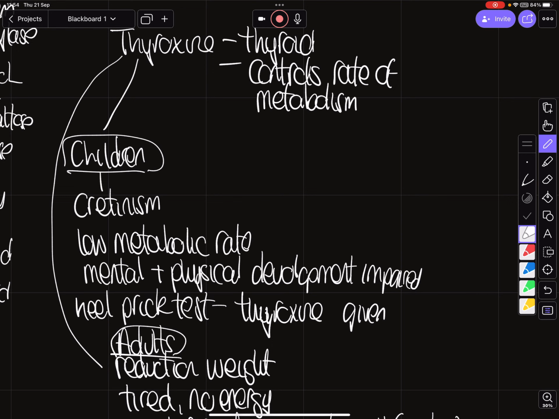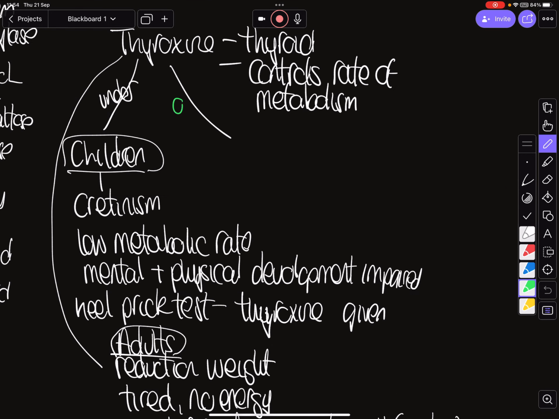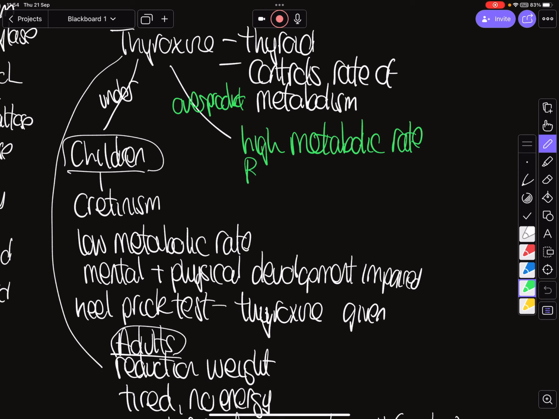Now, if we get overproduction, what happens now? So if that is the case, again, you have a really high metabolic rate, because you have more thyroxine than you need. You will have bulging eyes.